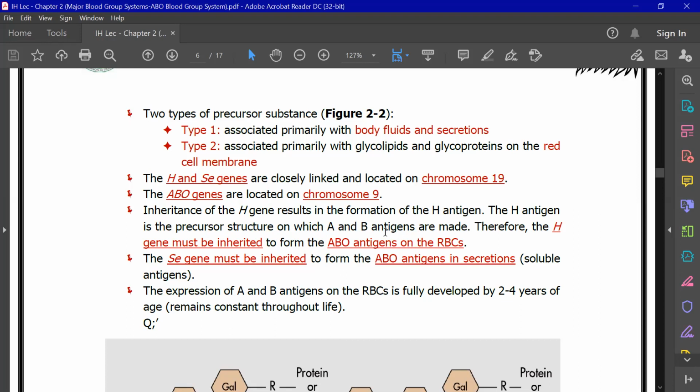However, you have to take note, class, that in order for the formation of your ABO antigens on the red cells to occur, aside from inheriting your ABO genes, dapat ang isa ring mai-inherit ng individual would be your H gene.